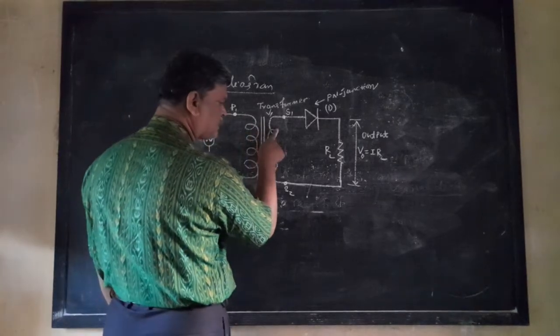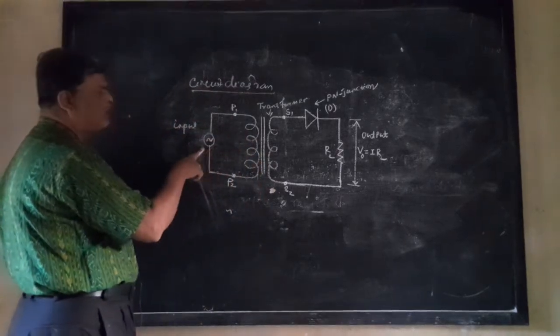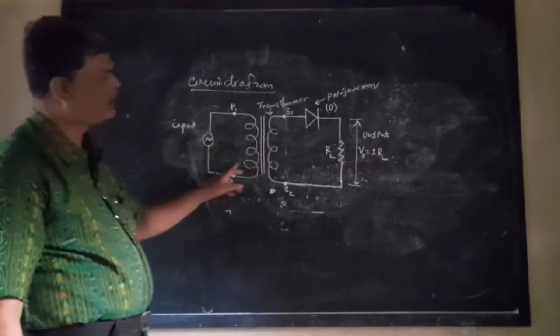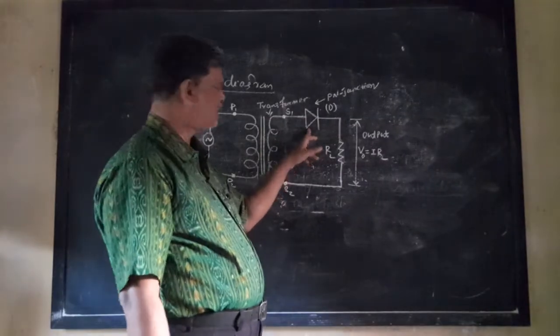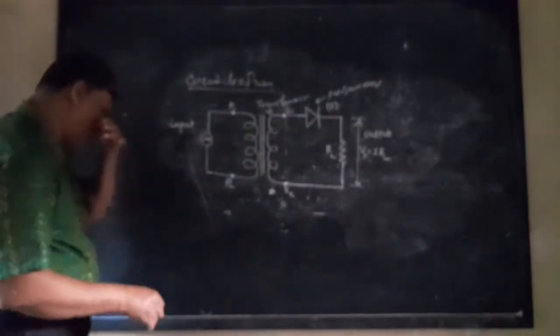This is the power transformer in which the alternating source that is to be converted to DC is connected in the primary winding, and the diode is connected in the secondary winding through a load resistance RL.